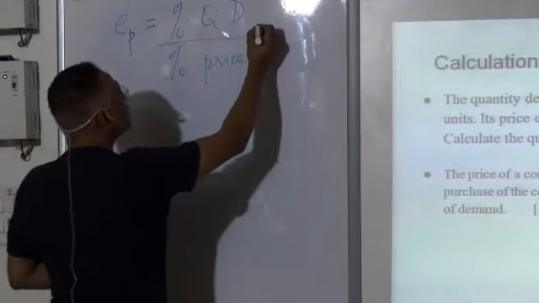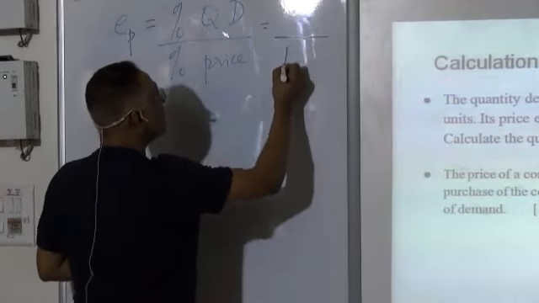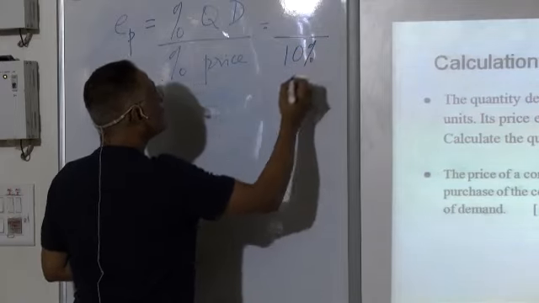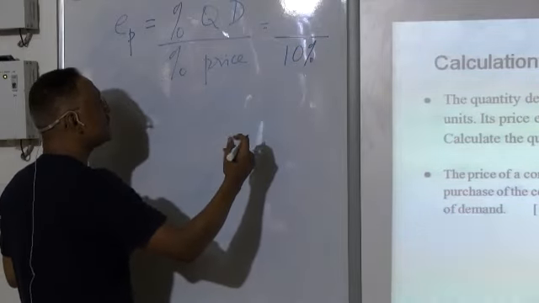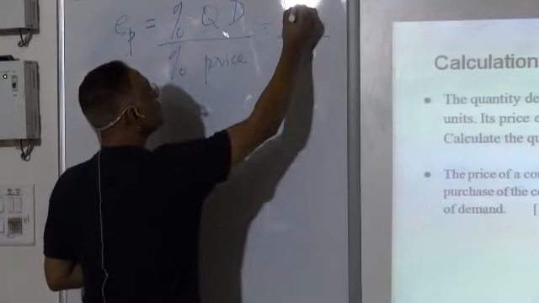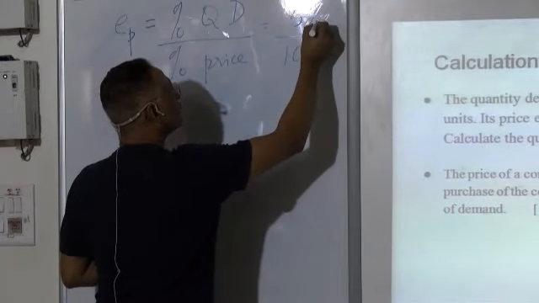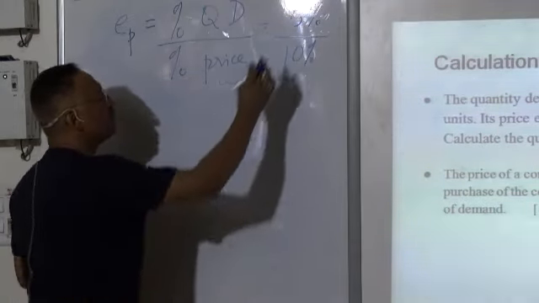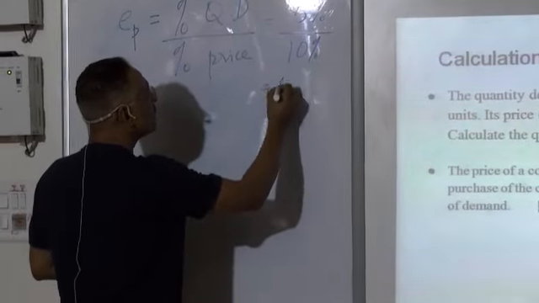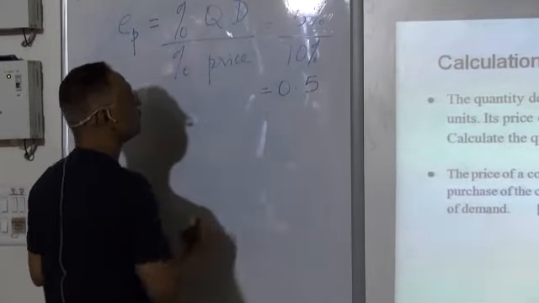So if the question says the price decreased by 10%, since the price decreased by 10%, the quantity demanded increased by 5%. So if the question says that, you just have to put the values, solve: 0.5.